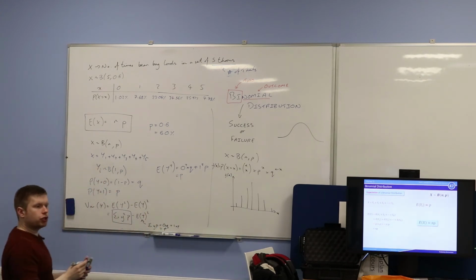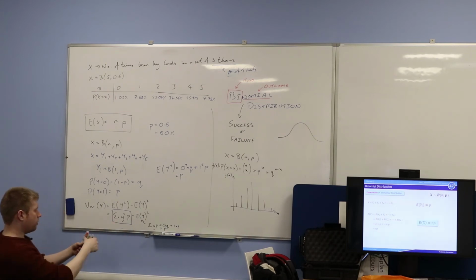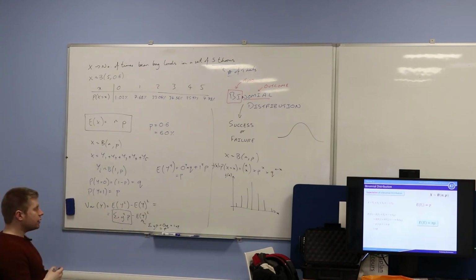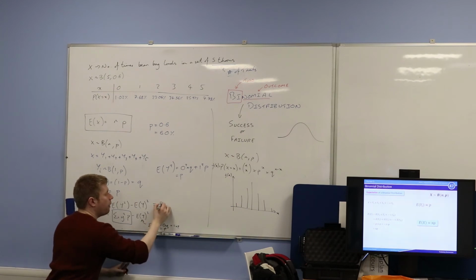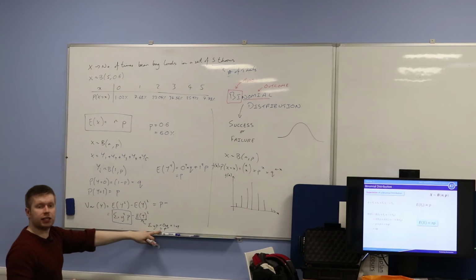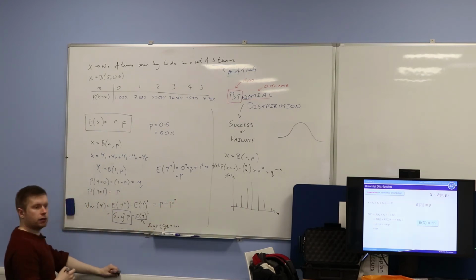So what I end up with is that the variance is going to be the expectation of y squared, which is p, minus the expectation of y all squared. Well, the expectation of y is p, square it, you get p squared.